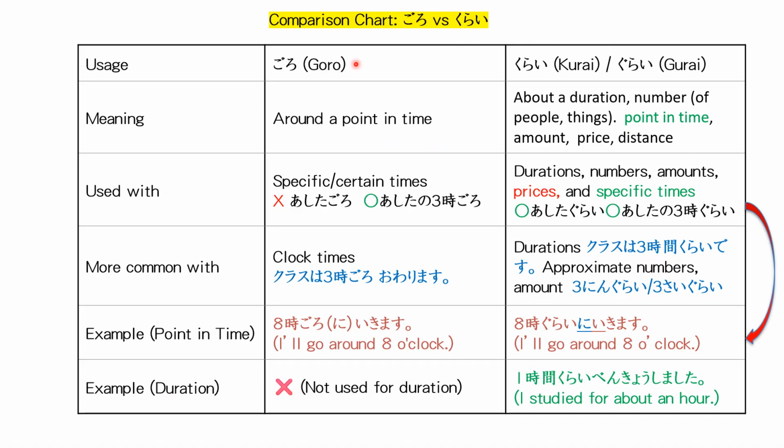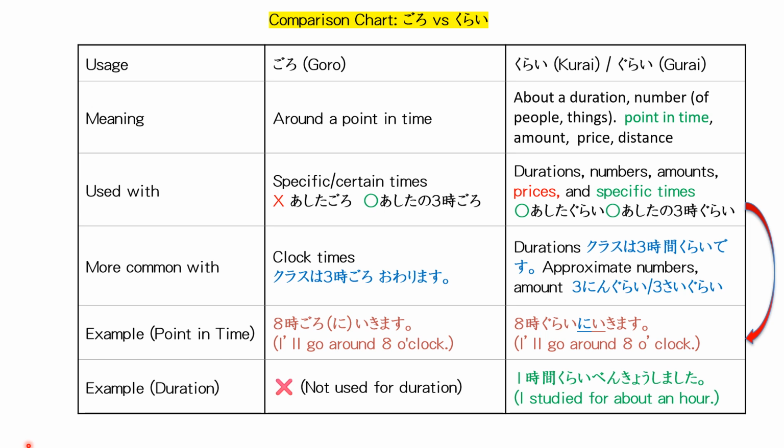I'd like to highlight how kurai is more versatile than goro. As you can see from this chart, goro is used only for points in time, while kurai is more versatile and can be used to show approximate time, duration of time, approximate amount, prices, and so on.